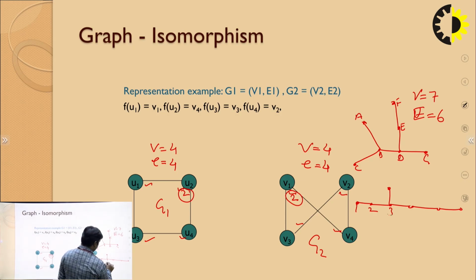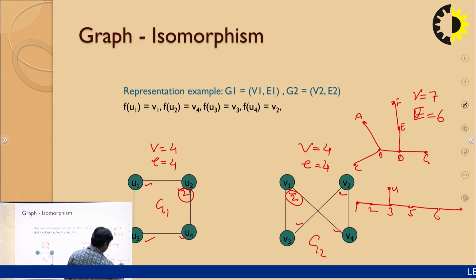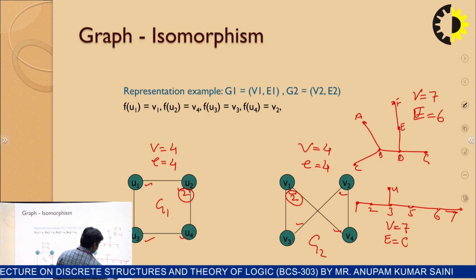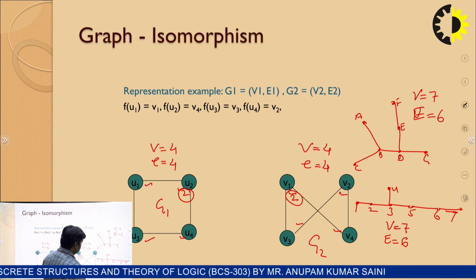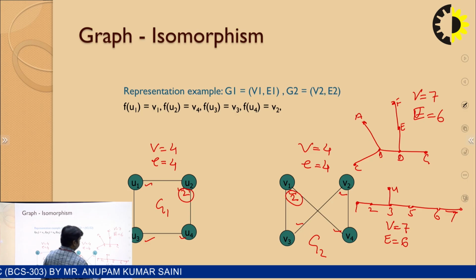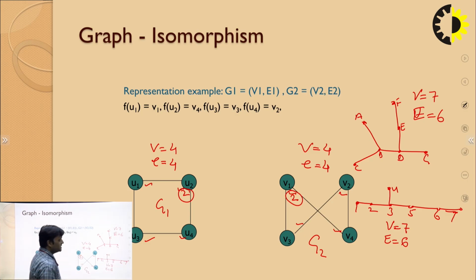In this graph also there are 7 vertices, V equal to 7 and E equal to 6. Here we see that the number of vertices and the number of edges are the same in both graphs. Now we check the one-to-one correspondence.